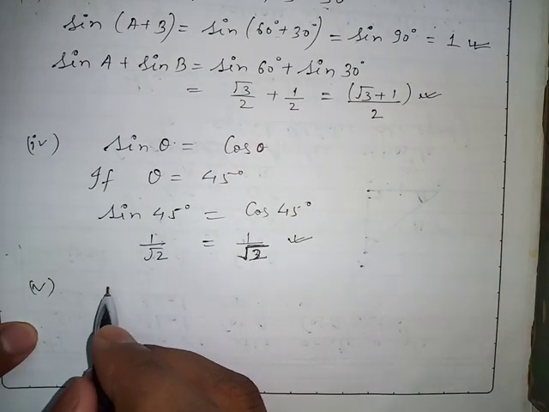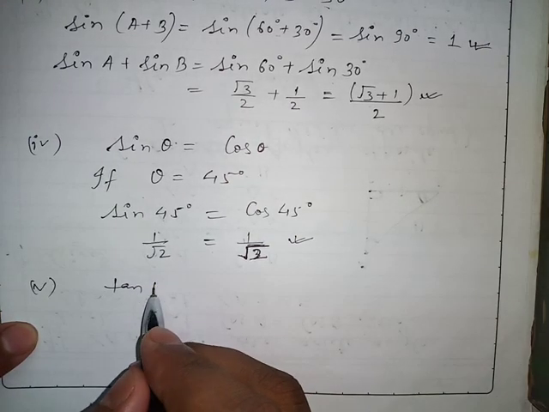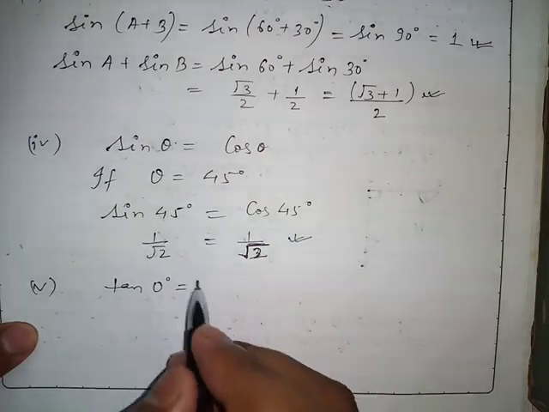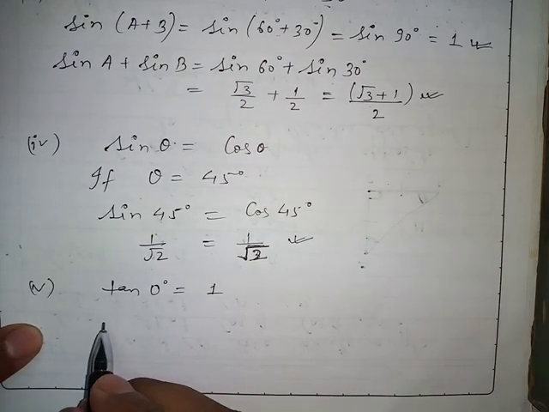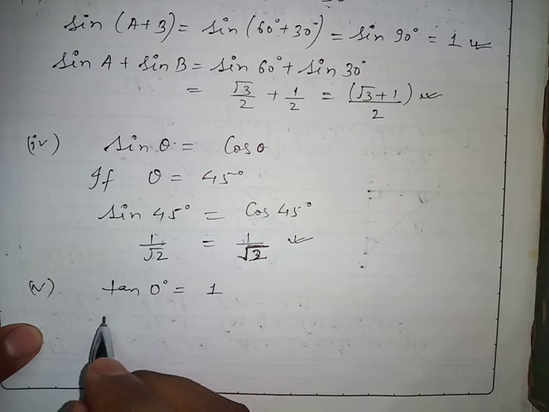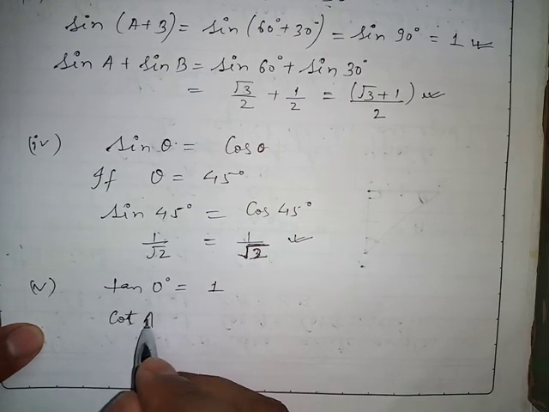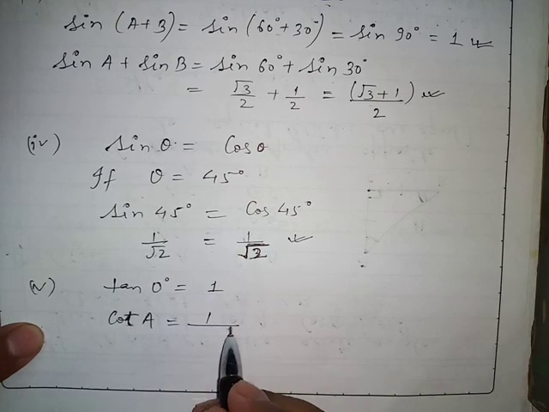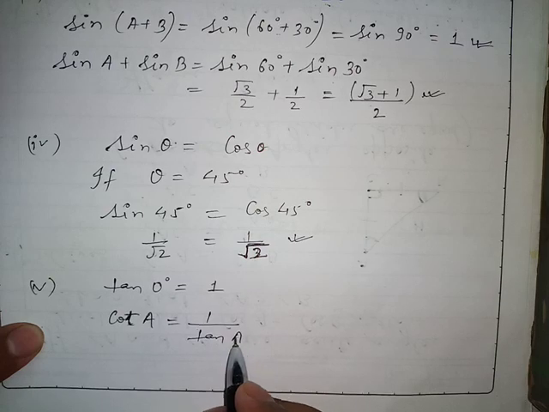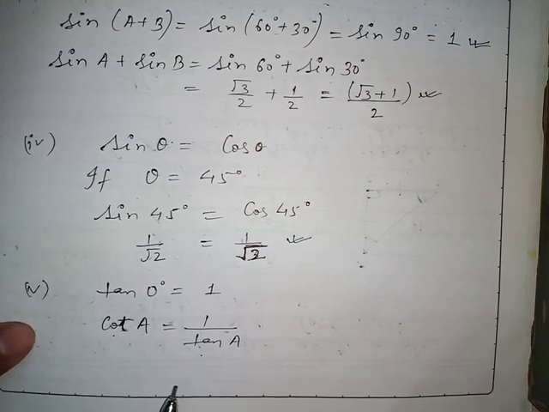Now see the fifth one. We all know that tan 0 degree is, tan 0 degree is 1. Remember this. So here you have to find for cot A. Can I write it like this? Cot A is equal to 1 by tan A, because cot A and tan A are reciprocals of each other.